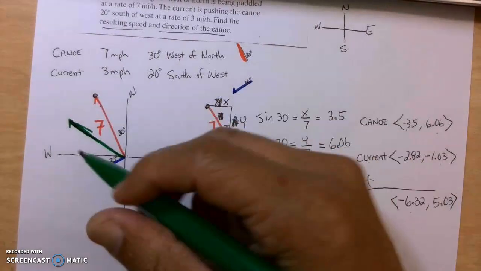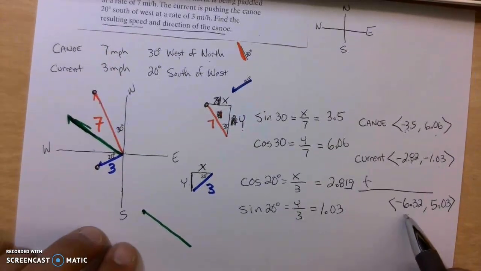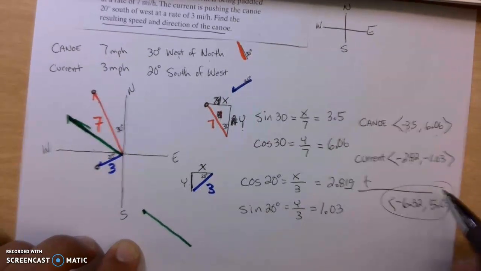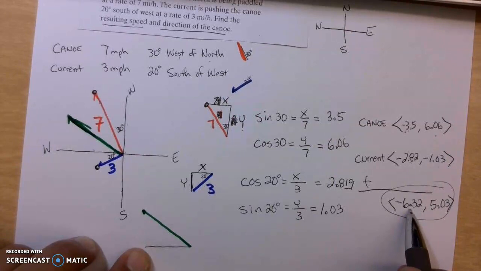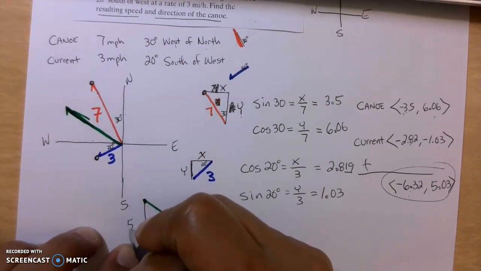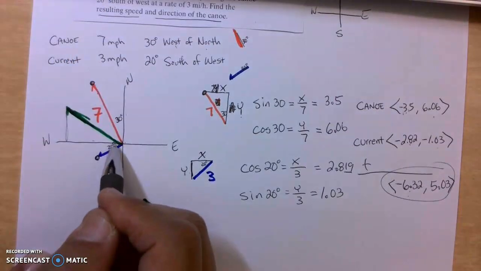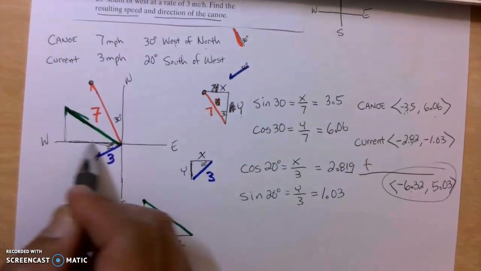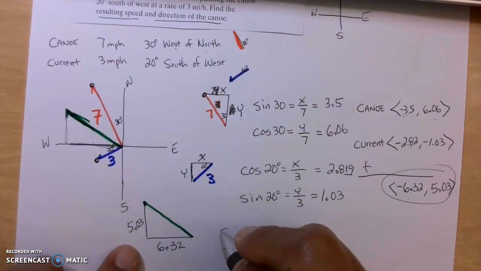We're going to figure out the speed of that guy, which is the magnitude. We have two things that are important to us right here with these results. We have left to right is 6.32. I know it says negative, but we really don't need the negative number. Up and down is 5.03. So it's like 5.03 this way, 6.32 this way. Okay, so I want to get the resulting speed.